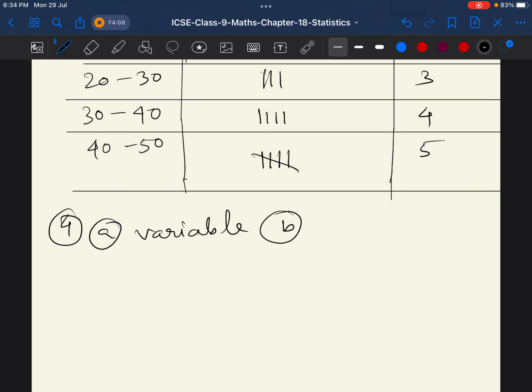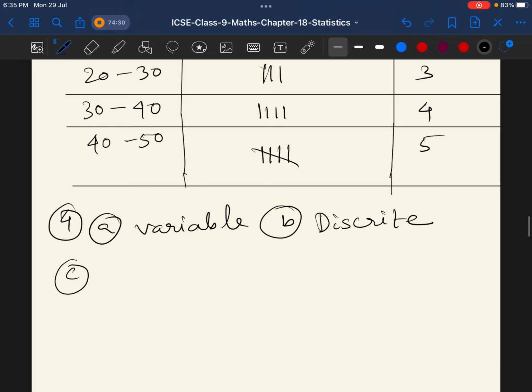B, size of shoes is a dash variable, so this will be, we know, a discrete variable. There will be fixed points, fixed values 1 2 3 4, so size of shoes is a discrete variable.